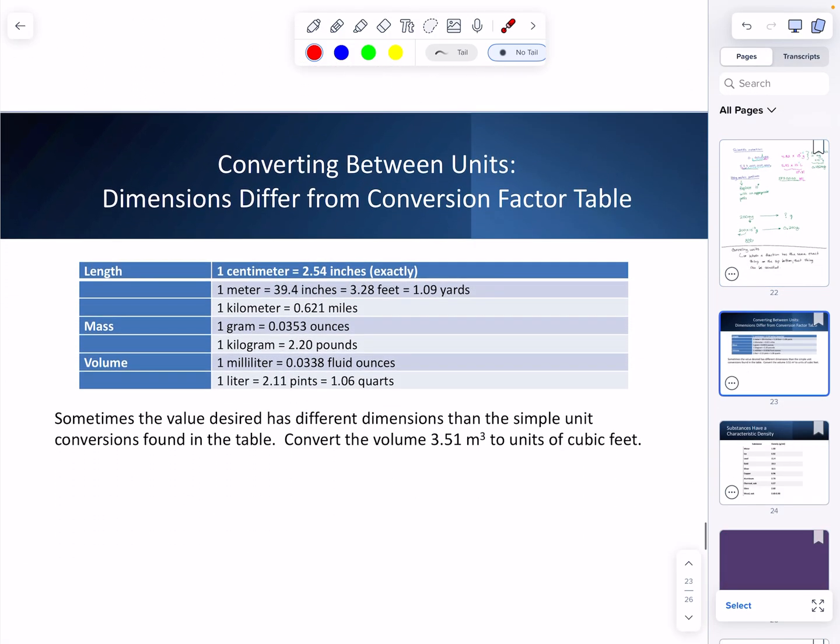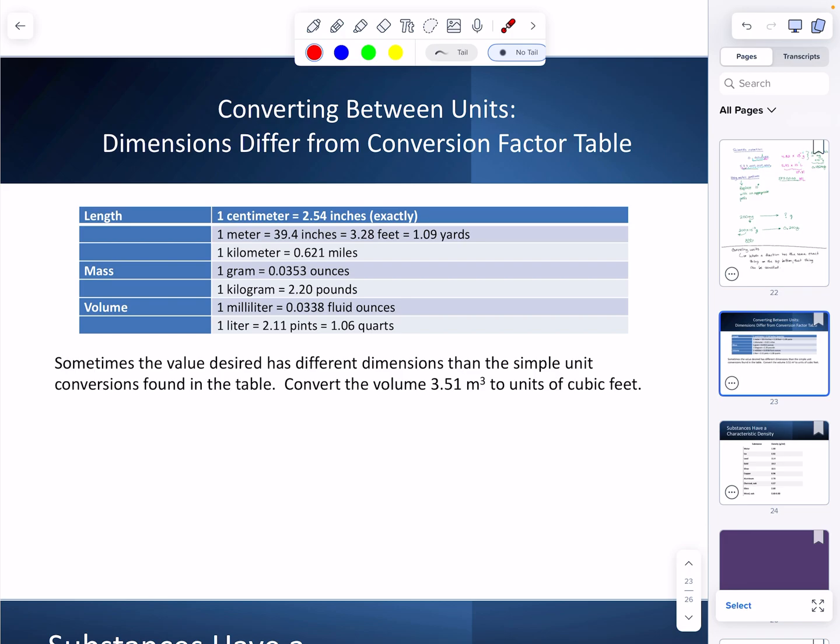So the last unit conversion thing I want to do, because I personally find this conceptually difficult as well, is what happens if you have this nice conversion factor table, and the numbers that you're dealing with have different dimensions on the units that are in your conversion table. So here we are. I have a volume of 3.51 meters cubed, and I want to convert it to cubic feet.